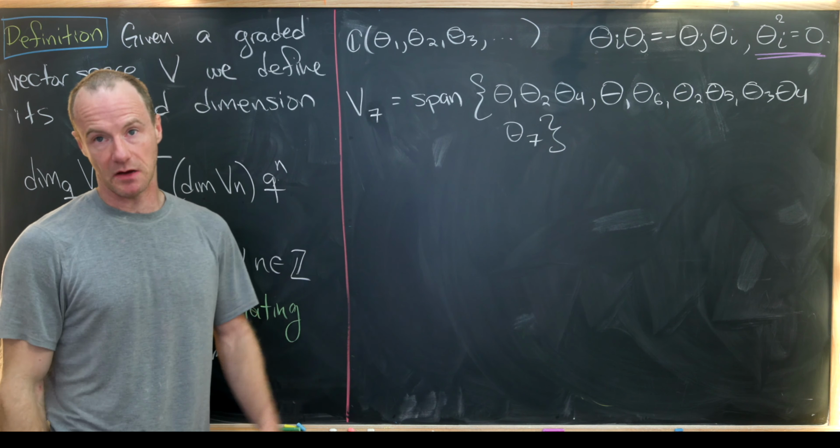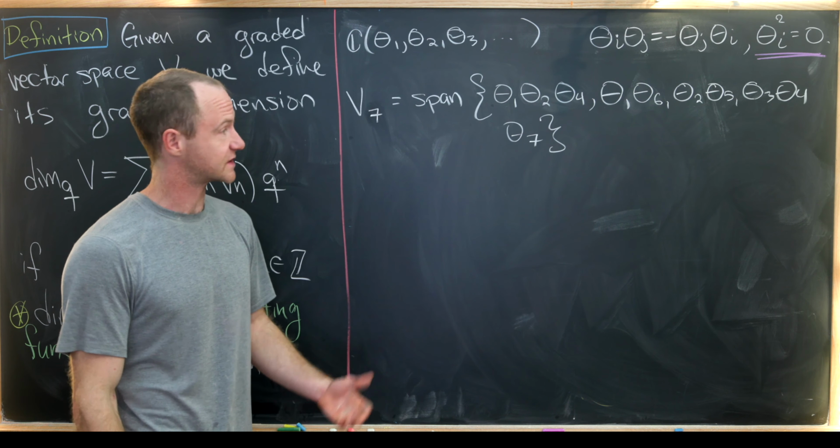Notice that adds up to 7. Theta 1, theta 6, theta 2, theta 5, theta 3, theta 4, and theta 7. So there's no other way to do this. You can't get a quartic term here because 7 is not big enough to allow for a quartic term.